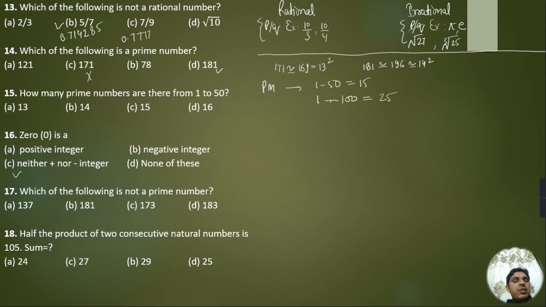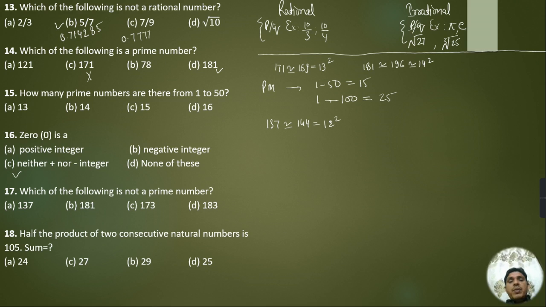Question number 17, which of the following is not a prime number? So again, for this we can check 137, the nearest square is 144, which is the square of 12.